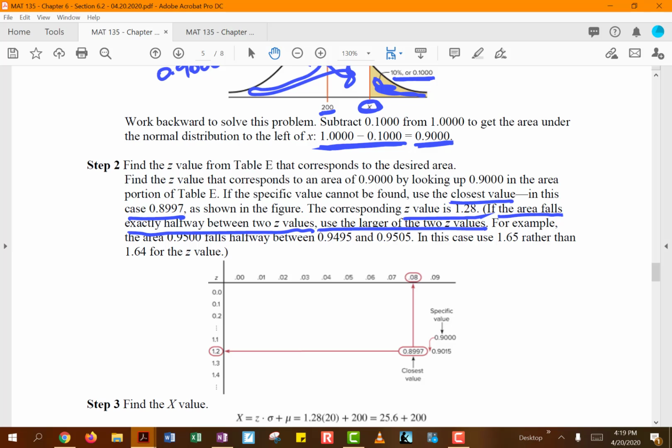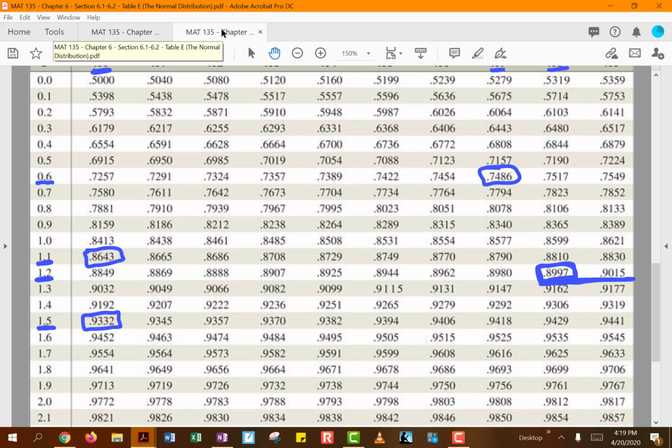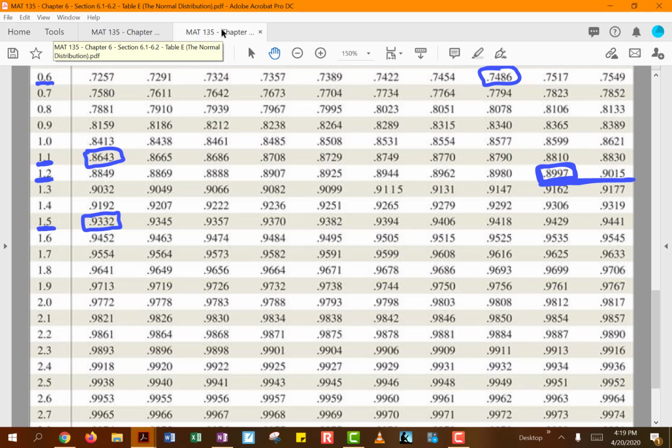So they are saying if you look for the area 0.9500, it will fall halfway between 0.9495 and 0.9505. And again, you can verify that right here on your table here.